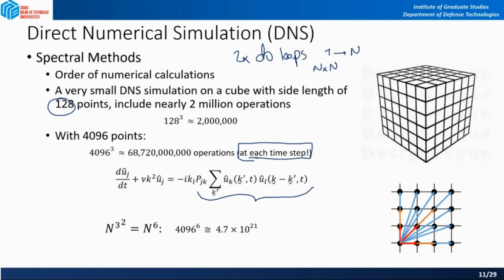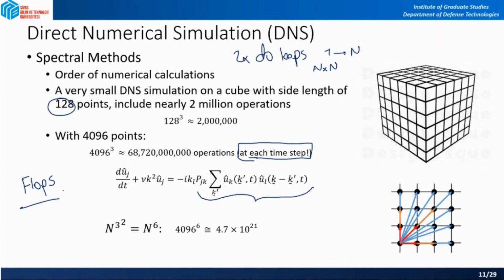Just consider these many operations. You might remember that we were talking about flops in the last session. Floating point operations per second, flops, right? And we said that nowadays we have supercomputers that can do billions of flops.